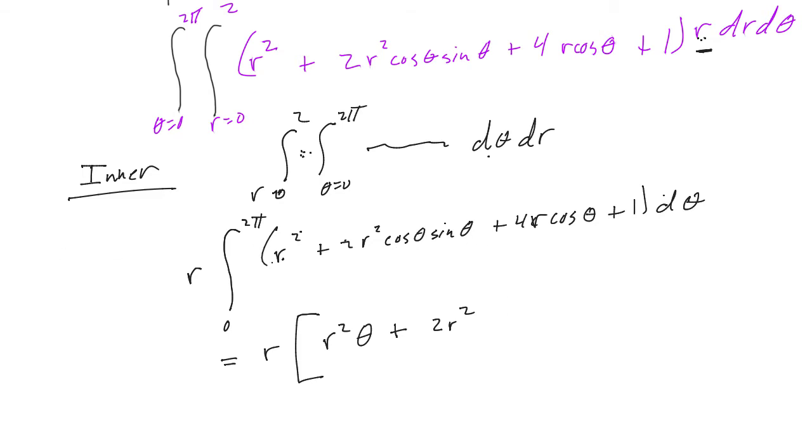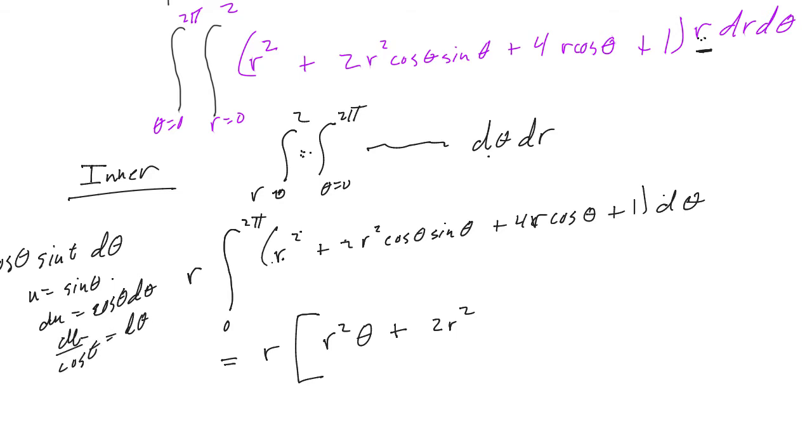Now, off to the side, think about the integral of cosine sine d theta. If you let u equal sine theta, then du is cosine theta d theta, and d theta is du over cosine theta.